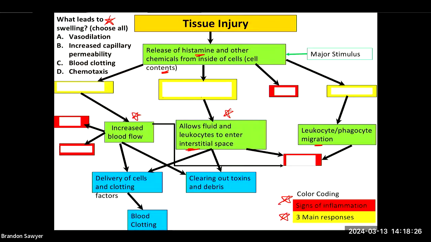All right, so you're sending in your answer to that clicker question up there at the top. Which of those would lead to swelling? Again, make sure to hit send with that type of question.